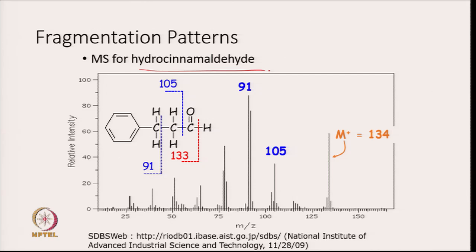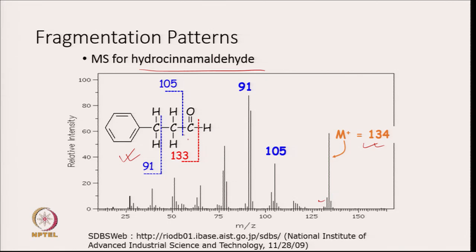Now, let us look at the fragmentation pattern of hydrocinnamaldehyde, and this is its formula. You will get a peak at 134, which is your molecular ion peak. Hydrogen can be lost, and that is how you get a peak at 133.